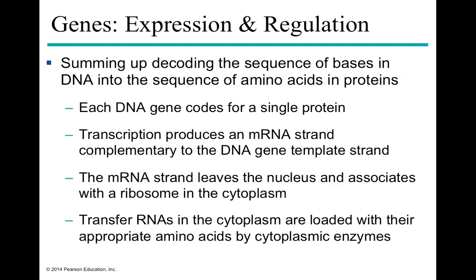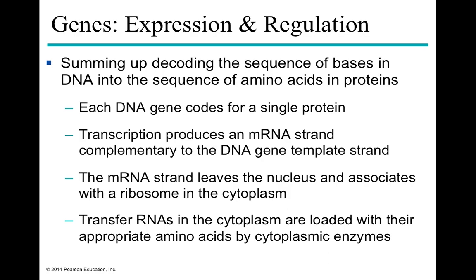All right, so each gene in the DNA codes for a single protein, or a single family of proteins if you talk about protein variants. And transcription is going to produce the mRNA strand using DNA as the template strand. Then the mRNA strand first undergoes processing, then leaves the nucleus through the nuclear pores, and then it associates with the ribosomes in the cytoplasm.